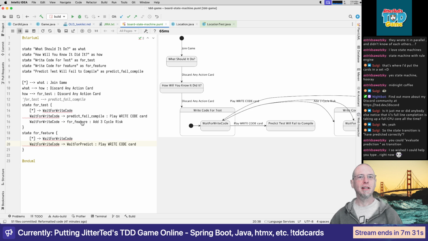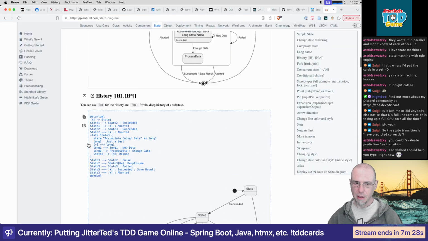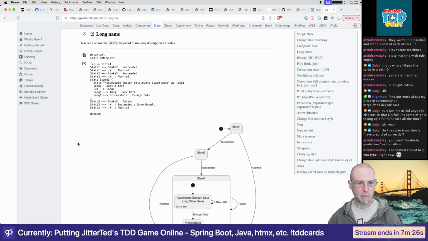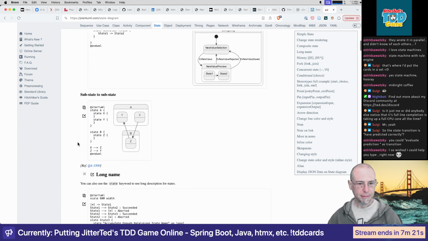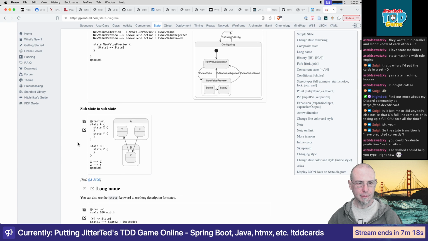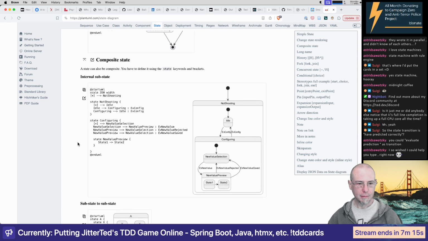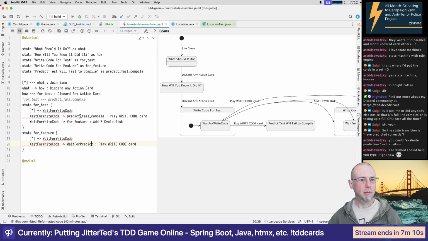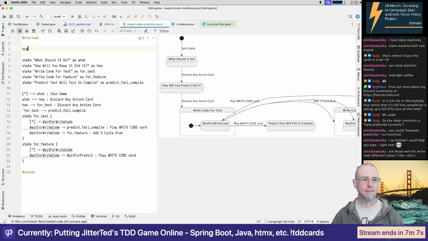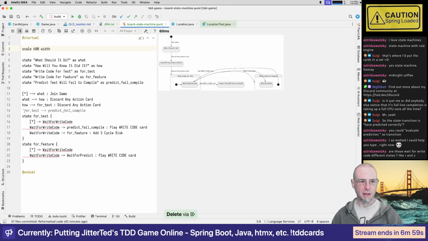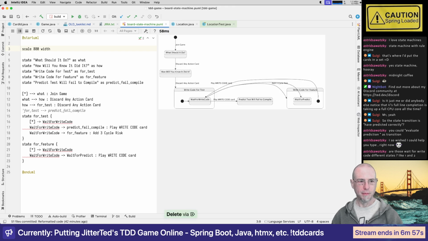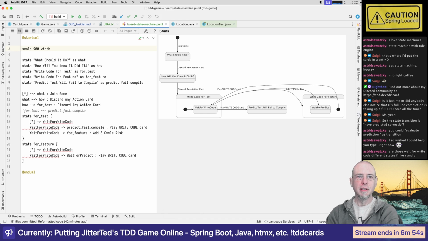I'd love for you to format these more top to bottom. Can I force it more top to bottom? Wonder if I set the width, if that will help. Let's try that. No, that just makes it zoom. All right, that's good enough.